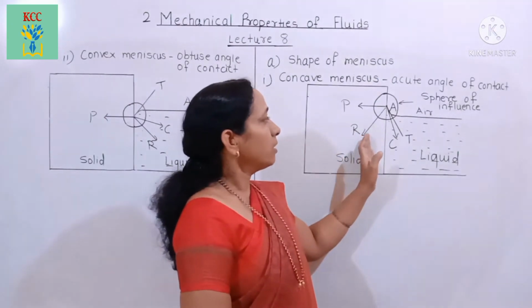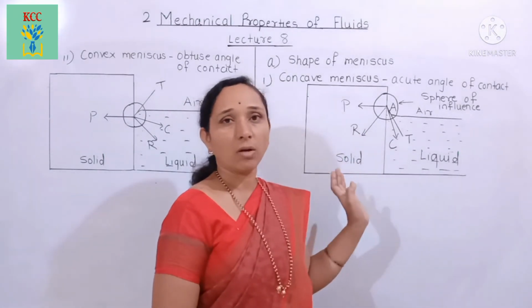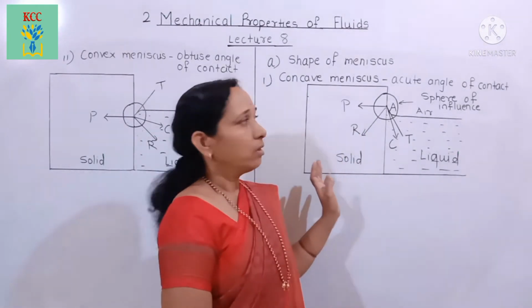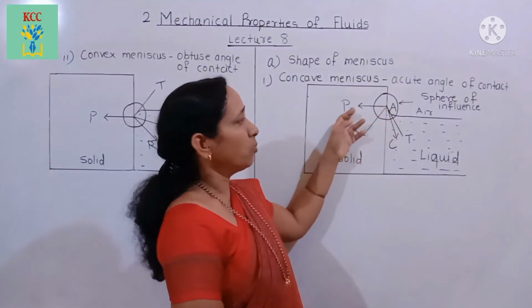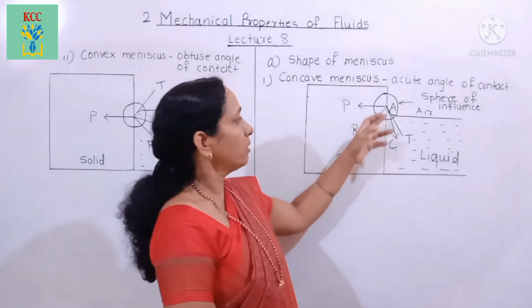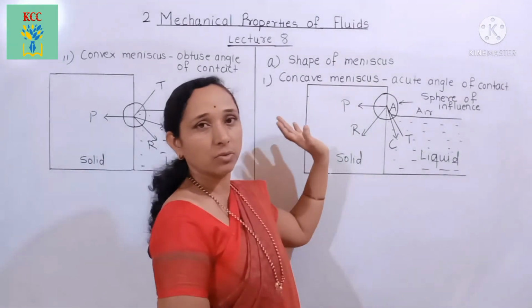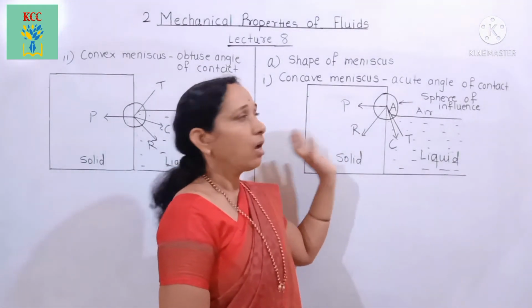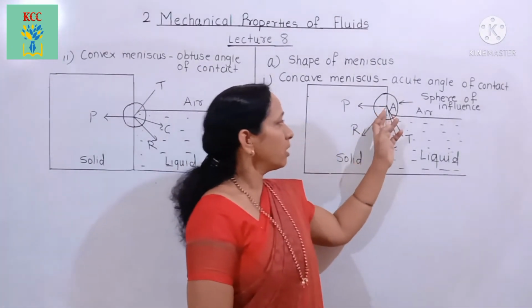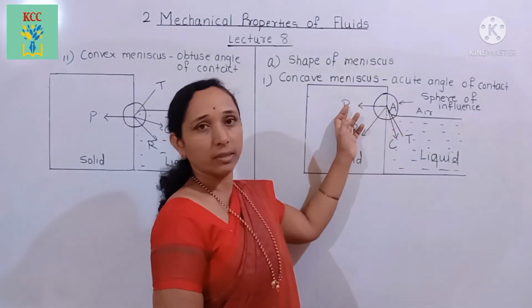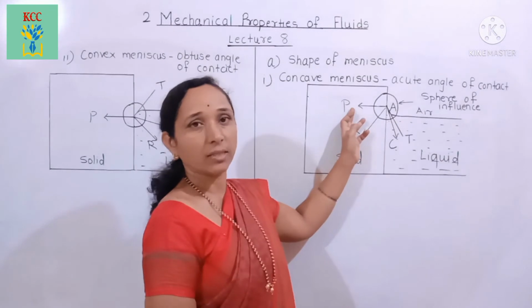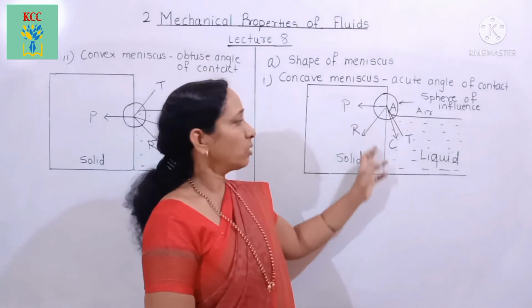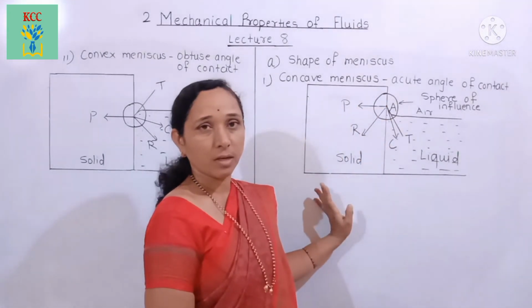In that case, there are different forces acting on molecule. Two different forces, that is the adhesive force acting due to the solid, that is due to the glass wall. This adhesive force, it is acted horizontally in this direction, that is towards the glass wall, because glass is vertical.